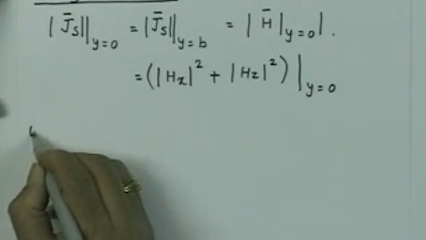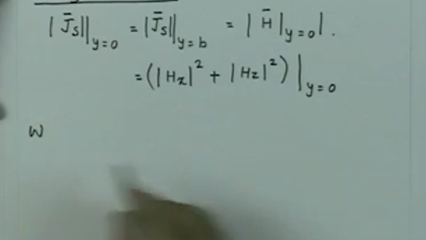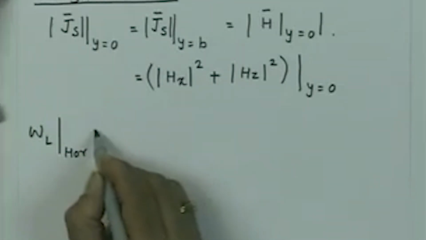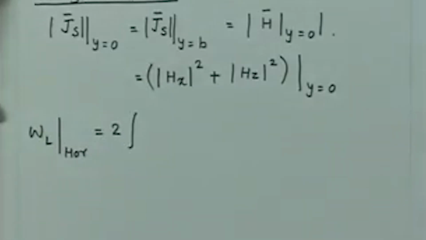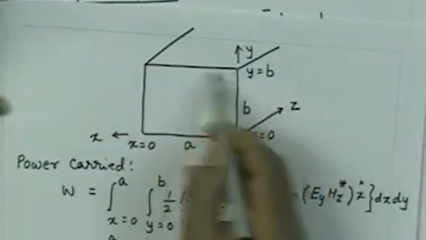So, you get the loss W_L in the horizontal walls, that will be equal to 2 times integral, and now these are two walls. So, your x limits are from 0 to a and z will be from 0 to 1.